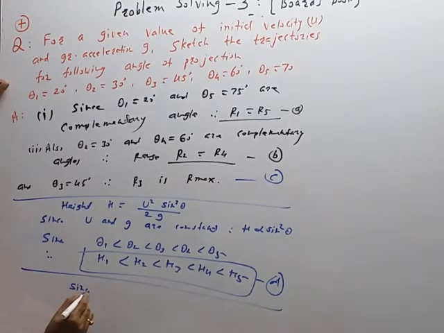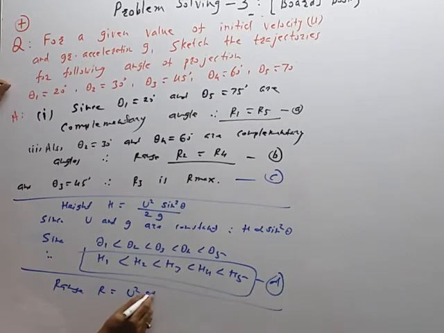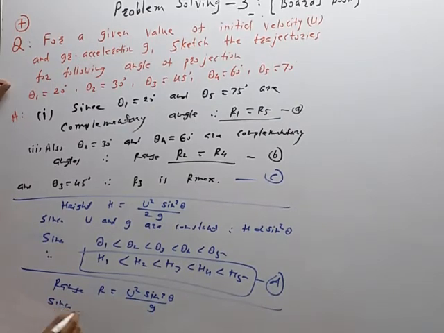Since theta 1 is less than theta 2, therefore range R is equal to u square sin of 2 theta by g. Since theta 1 is less than theta 2, therefore range R1 is also less than range R2.